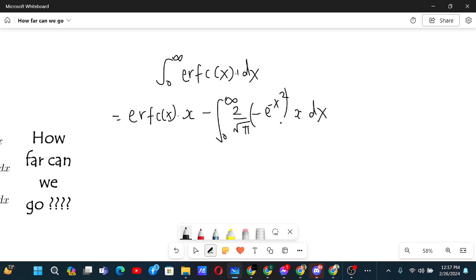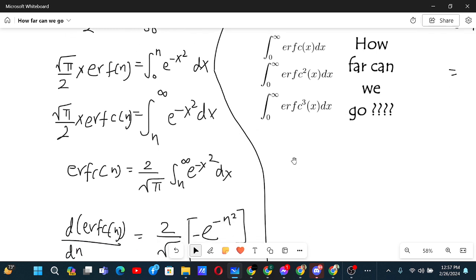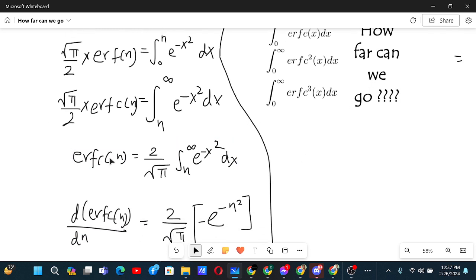Now this minus minus will be plus, and this is from 0 to infinity. From this definition, you can see that if n is infinity, erfc of infinity will just be 0 because the limits are the same. And if it's 0, then 2 by root pi times root pi by 2 is 1.